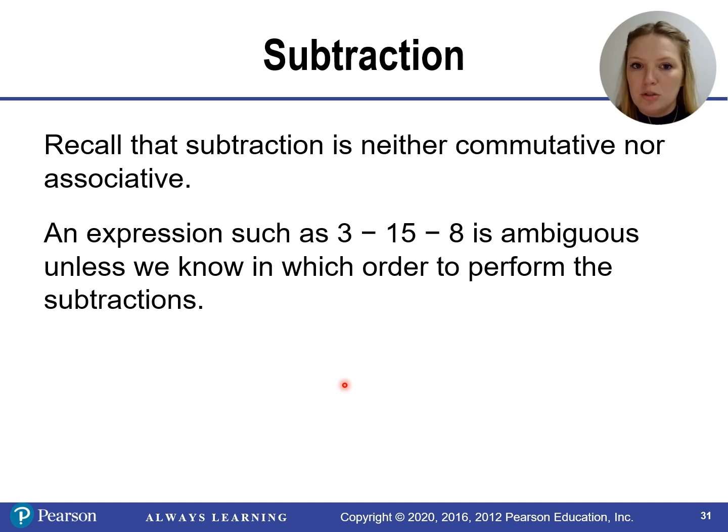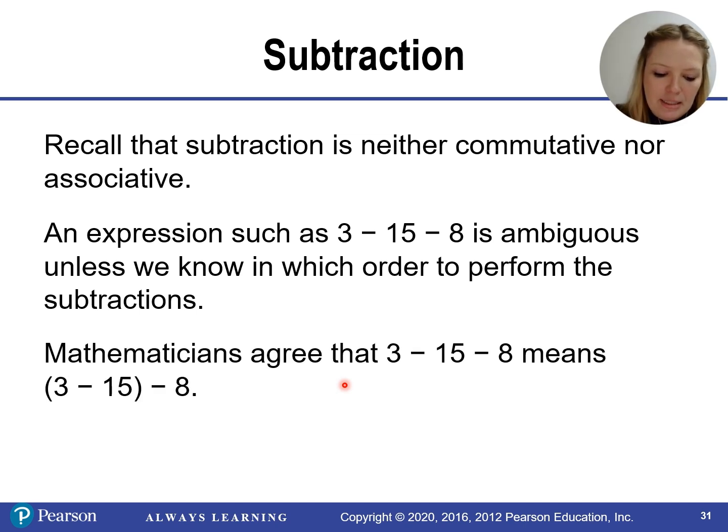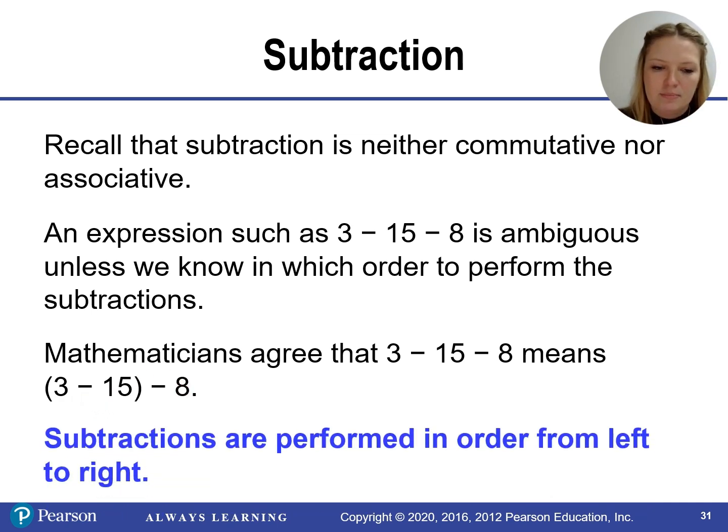We're not told what to do first. But mathematicians have agreed that subtraction will be performed left to right unless there are parentheses involved. So 3 minus 15 minus 8 is the same thing as doing 3 minus 15 and then subtracting 8. So we perform subtraction from left to right.